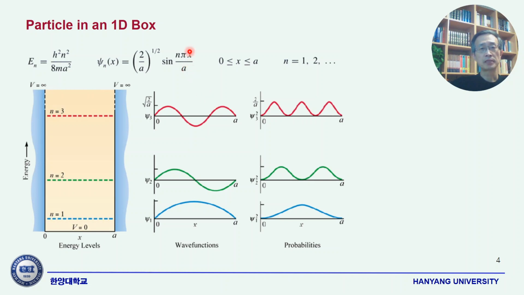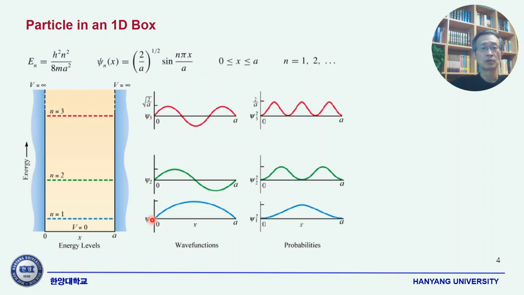At the right-hand end, where x equals a, what you have is n pi. If n is 1, you have pi; n is 2, you have 2 pi; n is 3, you have 3 pi. Since 2 pi is the period of the sine function, you have just half a period, one period, or one and a half periods, like that.